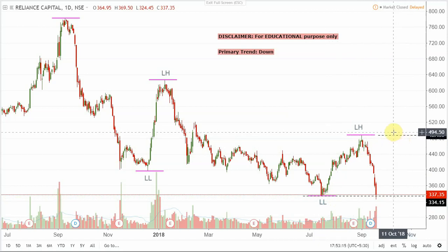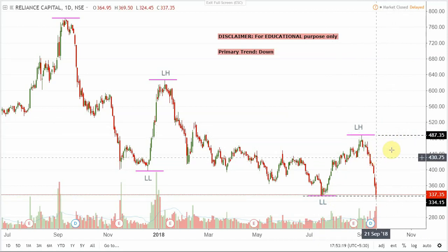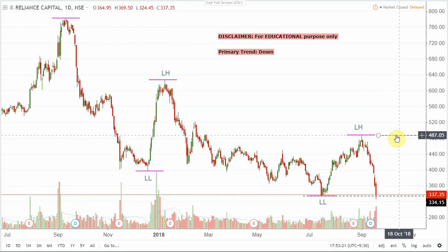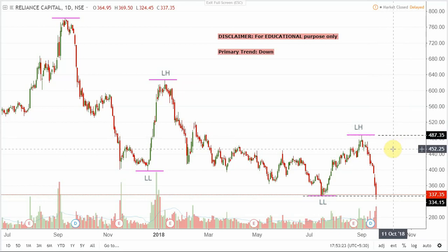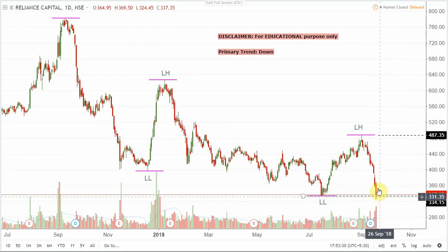That will be our assumption, that as long as the stock is trading below 487, the trend will remain down. Of course it has made a lower low, but we do not know till what point it will keep falling. The price action will tell us.